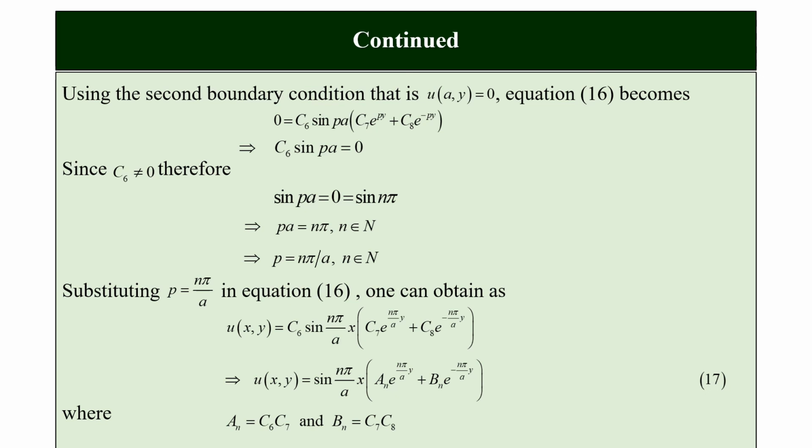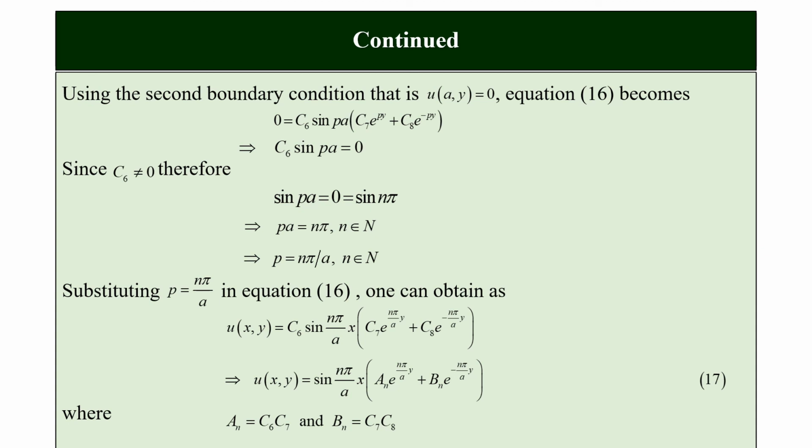Now substitute this value in solution 16. We have u of xy in this form, and after that rearranging the terms, that is clubbing the constant terms c6 and c7, and we rename it as an, and c6 and c8 as bn, we obtain the solution 17.